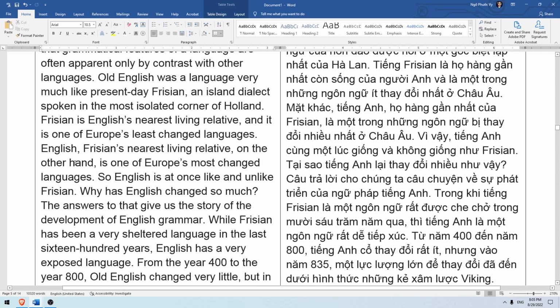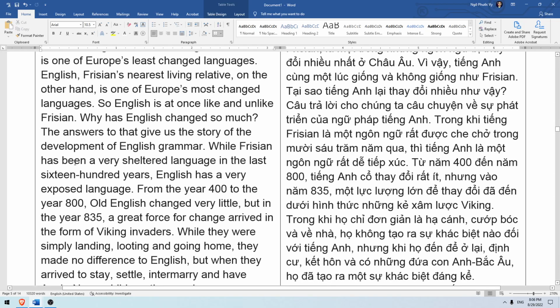Old English was a language very much like present-day Frisian, an island dialect spoken in the most isolated quarter of Holland. Frisian is English's nearest living relative, and it is one of Europe's least changed languages.